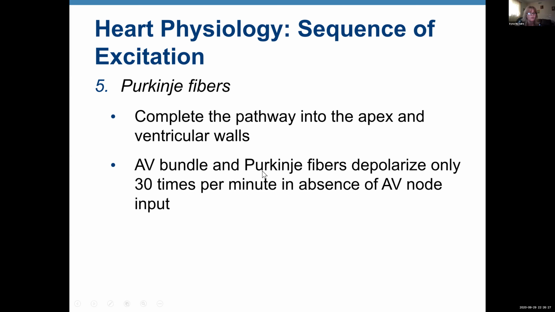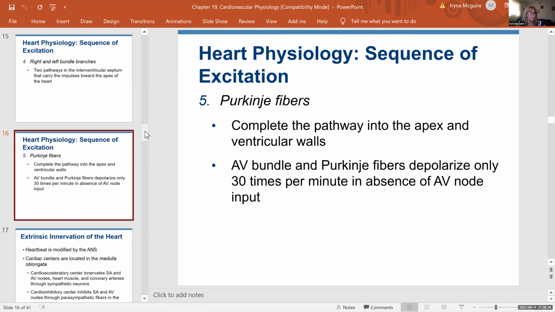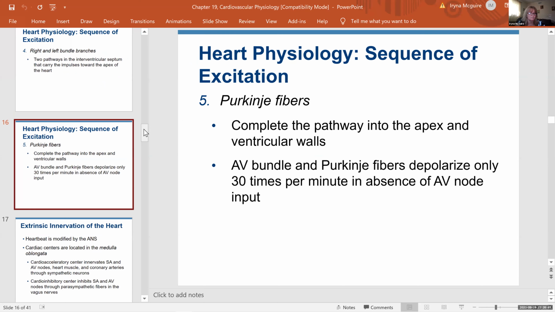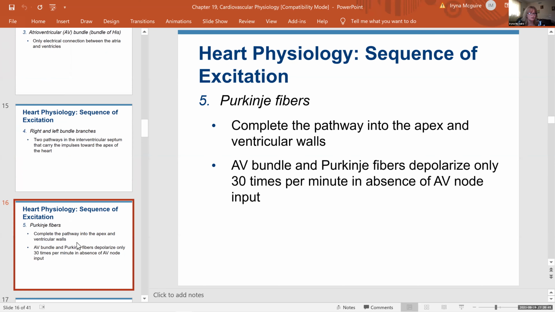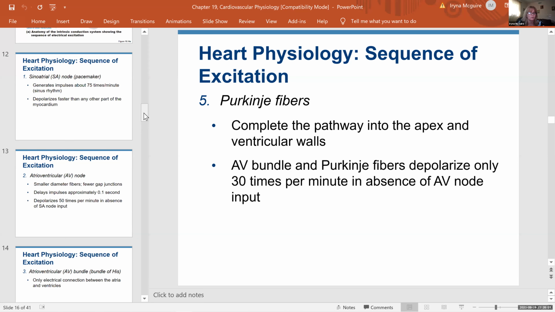They are also autorhythmic cells, but they would generate only 30 times per minute in the absence of AV node. And of course, that's not enough to sustain life.